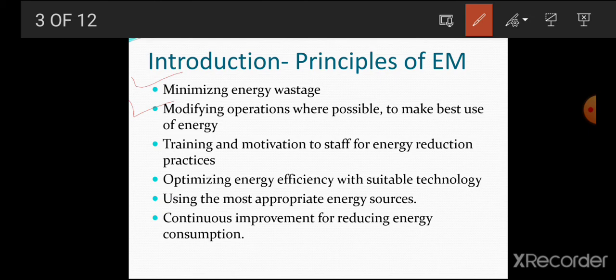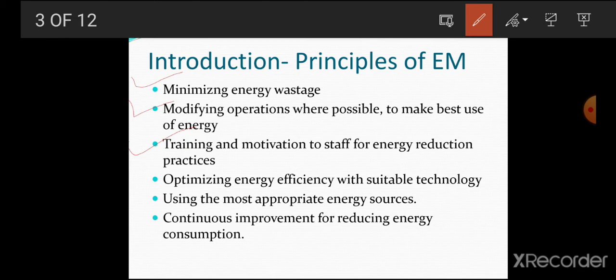Then training and motivation to staff for energy reduction practices. So a few practices, that if some machine or light is not required, then we need to train our staff that you should just switch off that machine or any equipment, so that the energy is saved.